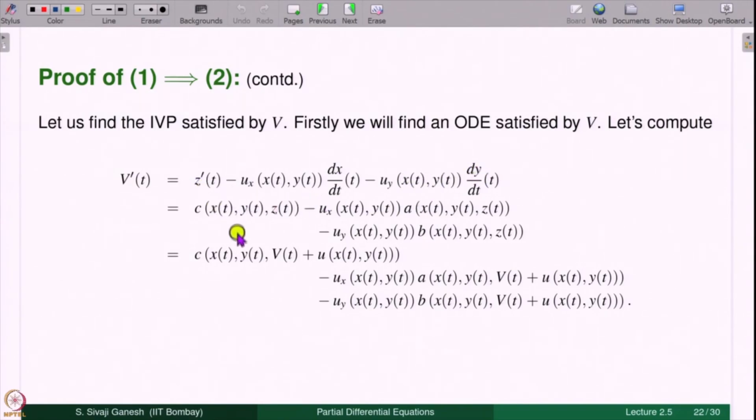But you know z dash is c, you know that x dash is a and y dash is b, and I want an ODE satisfied by v(t). So, on the right hand side also I would like to see v(t) and anything else known functions which are x(t), y(t), z(t), these are known functions, a, b, c are known functions. u is of course a known function. So, I write this like this. So, there is a v here and v here.